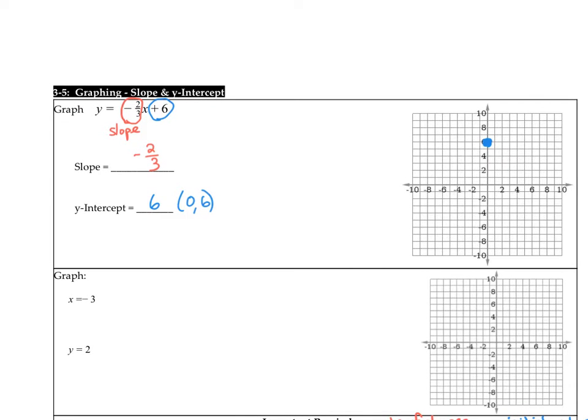So let's look over here. The numerator of the slope, that's the rise, and it is negative, so we're going to go down 2. So from your y-intercept, you're going to go down 2 because that's your rise.